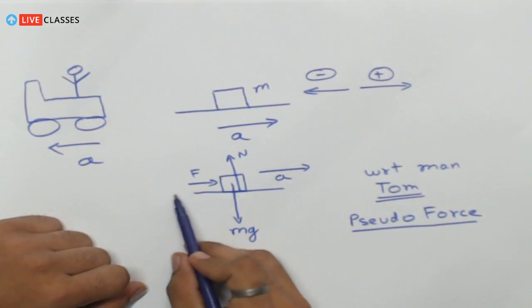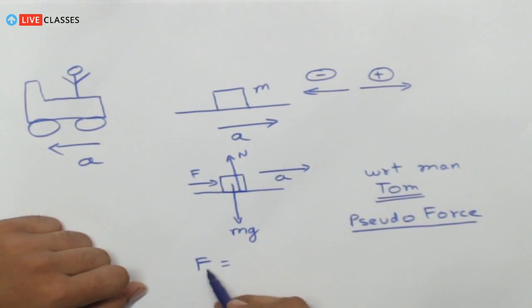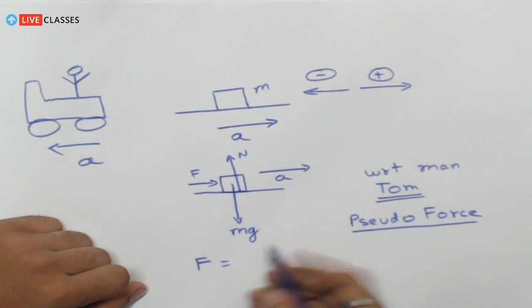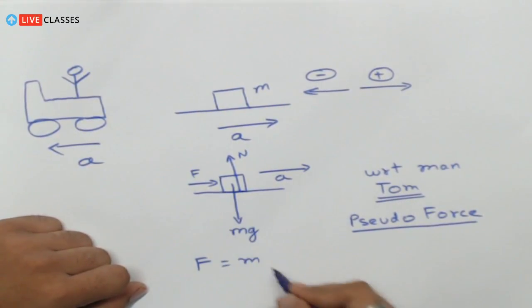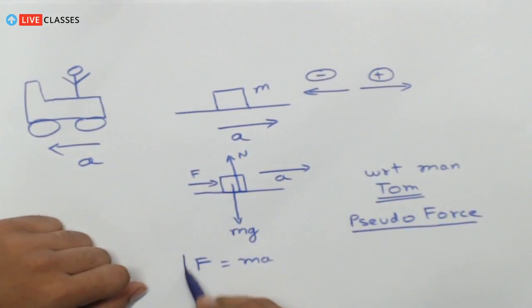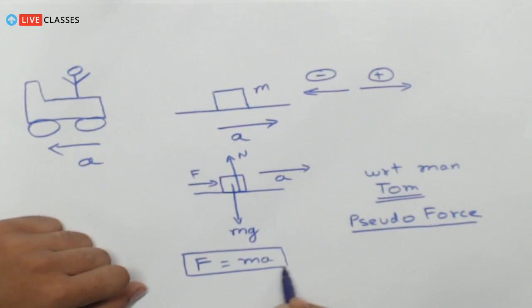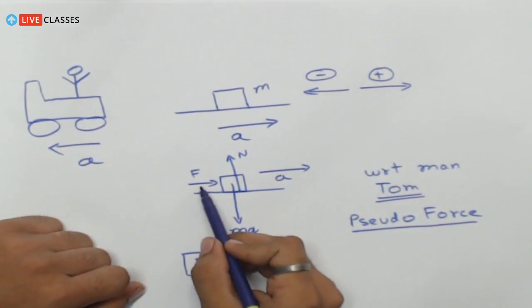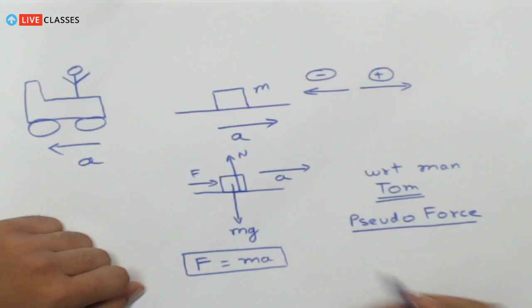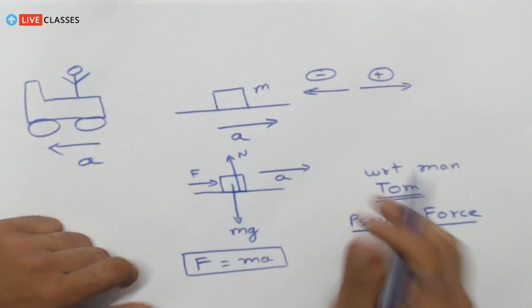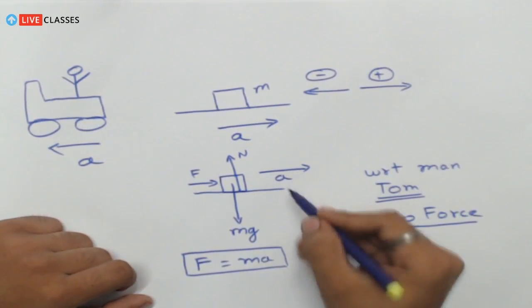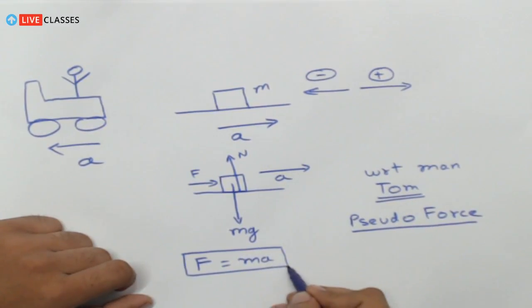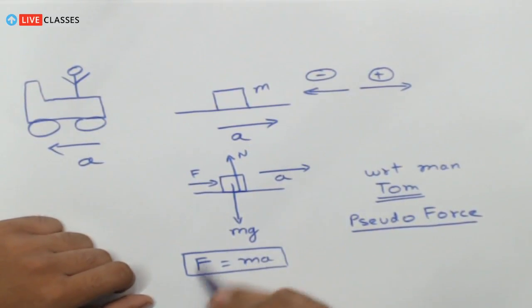So in horizontal direction we are writing the force equation: F equals no other force, mass of the body times the acceleration it has. As you can see, there is no real force F. To apply Newton's laws of motion, we are getting a force, pseudo force F, so that Newton's laws of motion are valid, so that the block can have an acceleration. So what is this pseudo force?